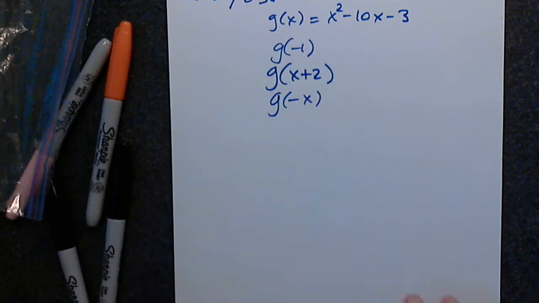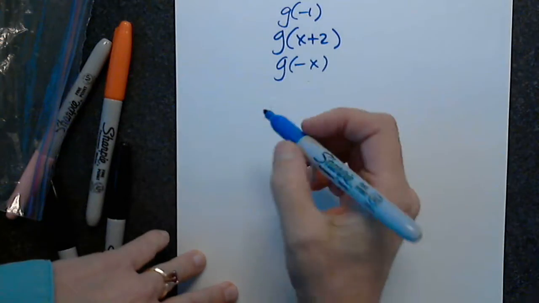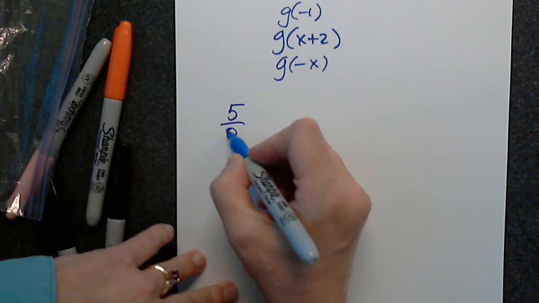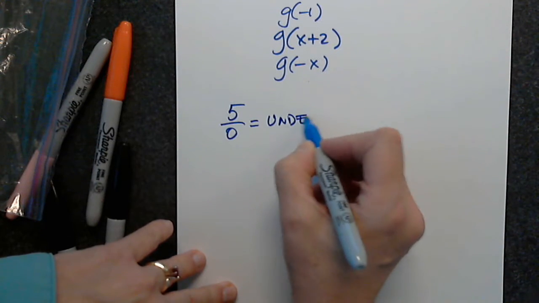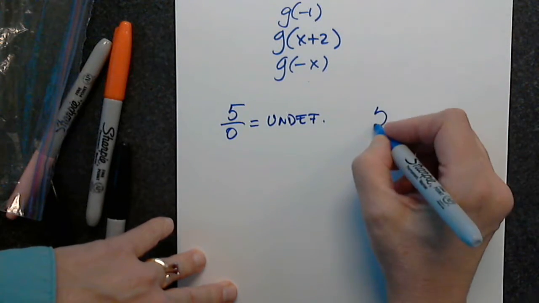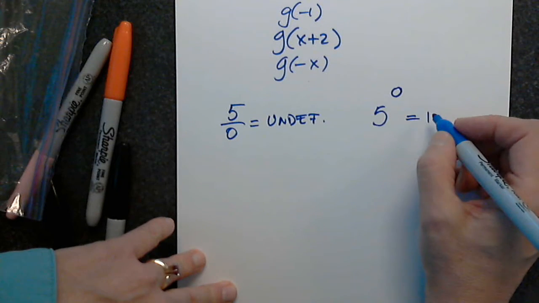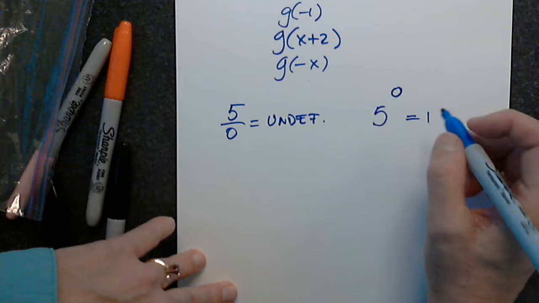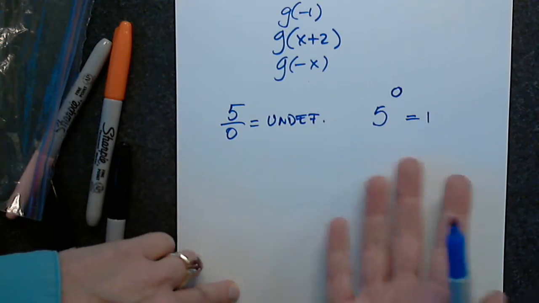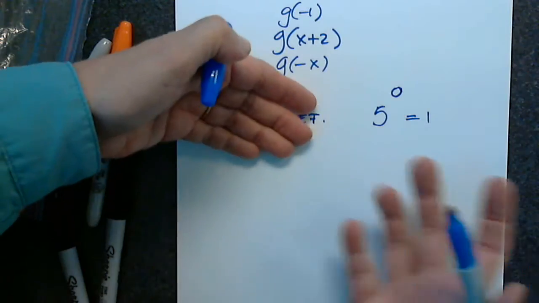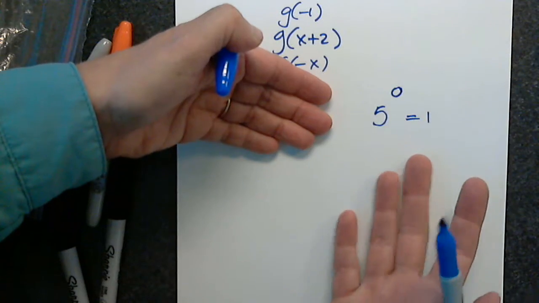Maureen has this question. She said, if 5 divided by 0 is undefined, how come 5 raised to 0 power is 1? Well, there is no connection, but it doesn't matter. I need to respond to this question. It's a very good question.